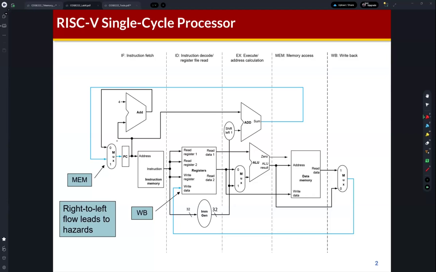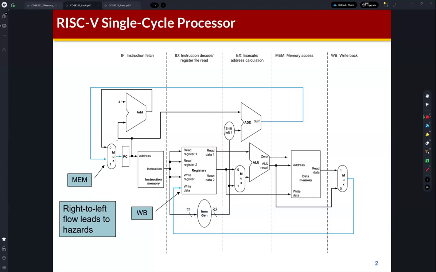So even if you failed to complete lab 5, you can start lab 6 from the provided single cycle processor design.